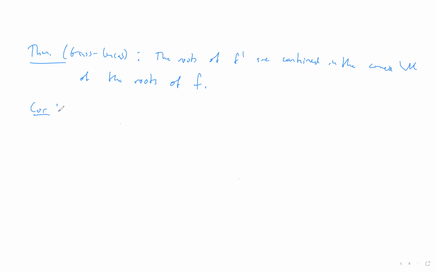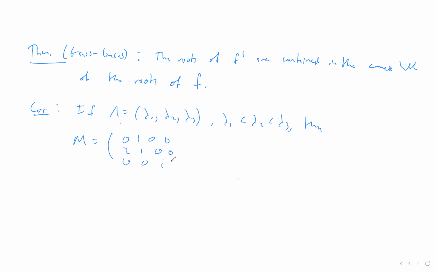If lambda is equal to lambda 1, lambda 2, lambda 3 in increasing order, lambda 1 less than lambda 2 less than lambda 3, then this matrix M, 0, 1, 0, 0, 2, 1, 0, 0, 0, 0, 1, 0, is not a derivative array for this choice of lambda.